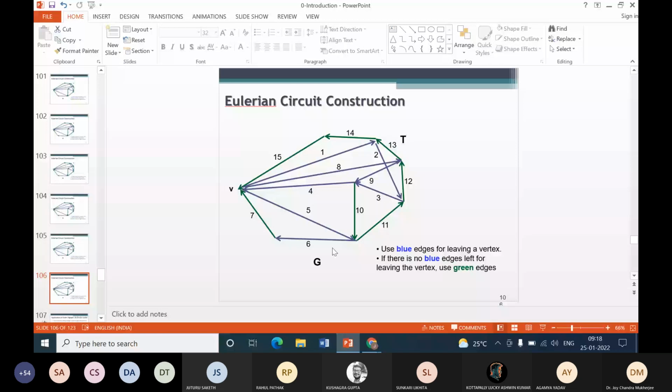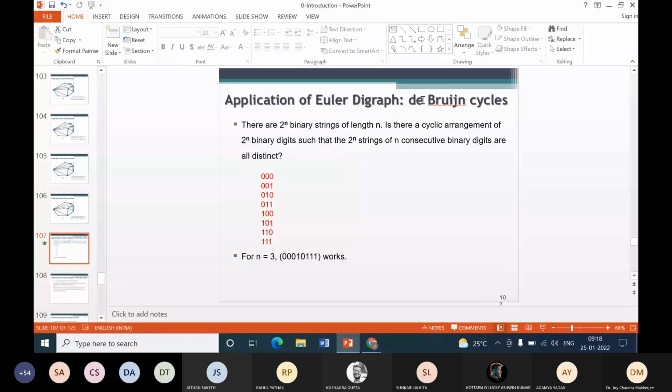Now we see an application of this concept. The problem is as follows. An application of the Euler circuit is called the de Bruijn cycle. We know that given n bits, we can create 2 to the n binary strings.